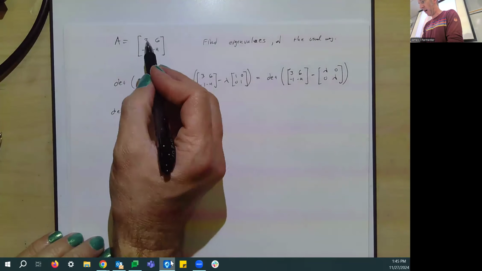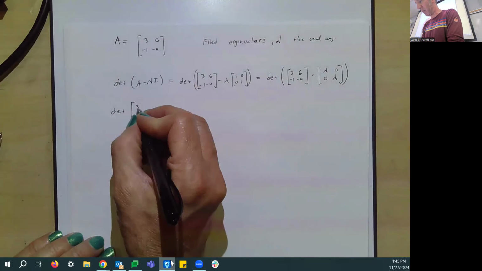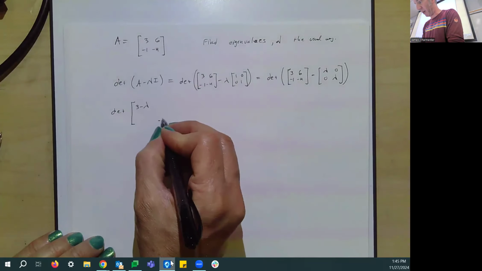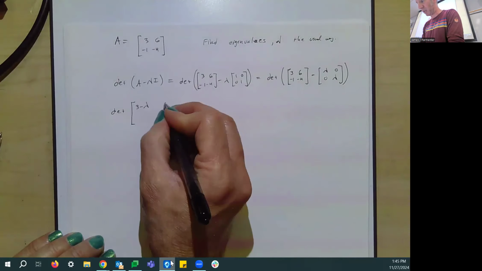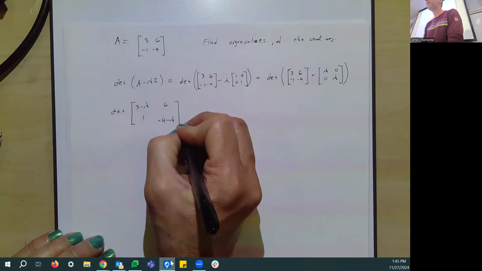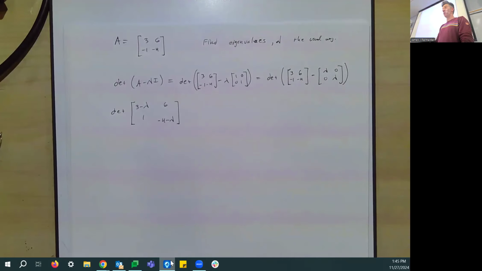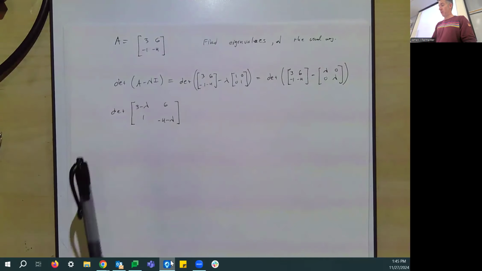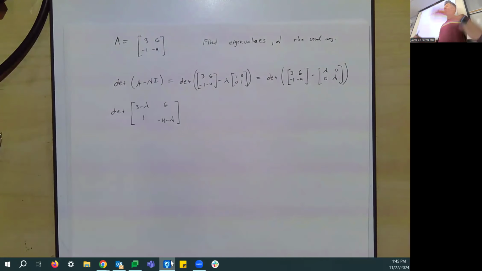So in this spot and this spot, I'm going to have a 3 minus lambda and a -4 minus lambda. And in the other spots, just leave it alone. That's what you should always jump to if you're finding the determinant of A minus lambda I: just subtract lambda in each of the diagonal spots. So upper left corner, lower right corner. If it was a larger matrix, it would be all of the entries on the main diagonal.